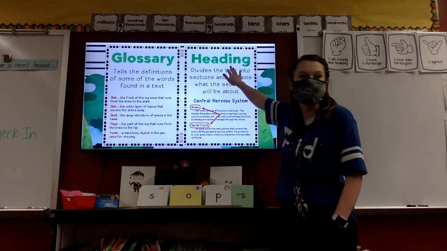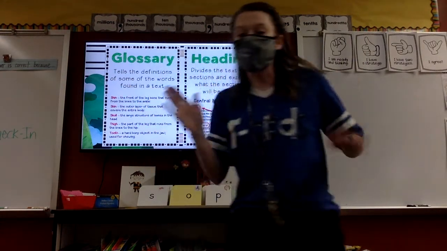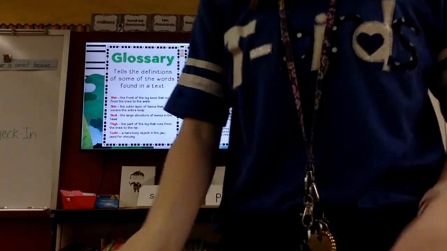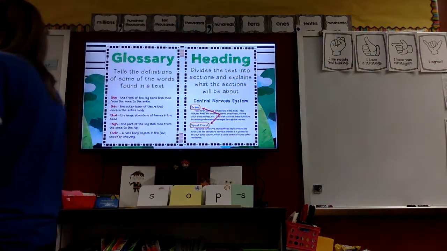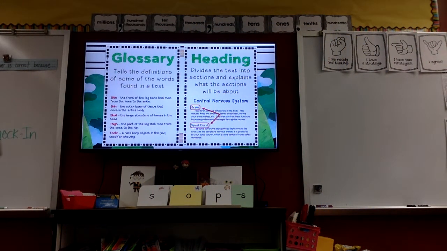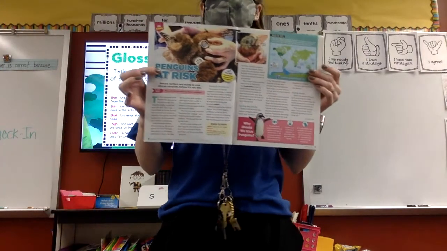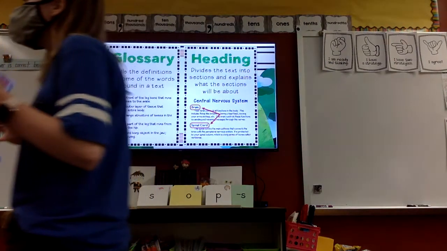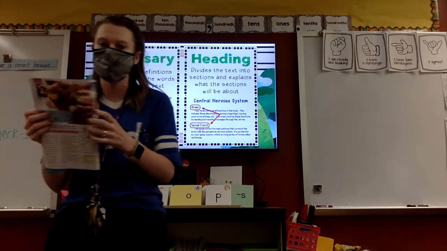Say this word to me. It is? Heading. Heading. Write that in the last box. Okay, I love headings. Headings are something that we are going to spend a lot of time talking about. Because in a nonfiction article, we talked about the title, right? Penguins at Risk. But if you'll notice, throughout the rest of the article, there are little titles in green.